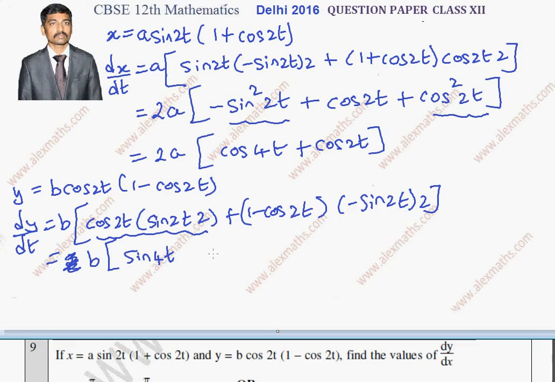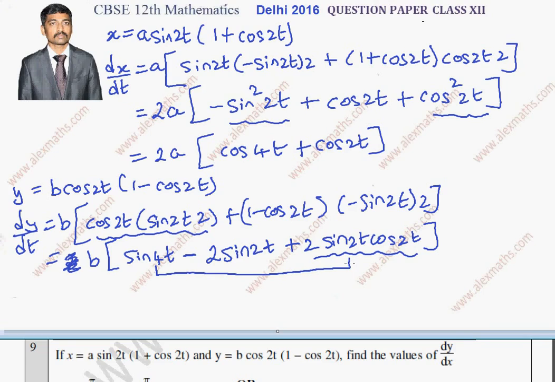Okay. Then this, if I multiply inside, minus 2 sin 2t, then plus 2 sin 2t into cos 2t. Once again this is going to be sin 4t, and already there is a sin 4t.